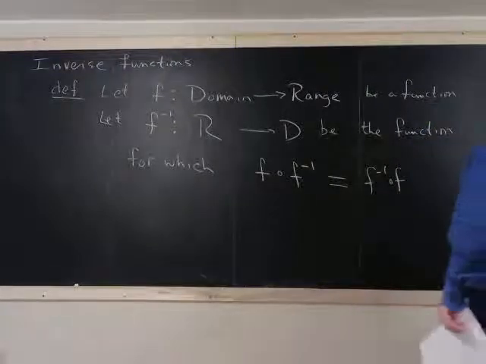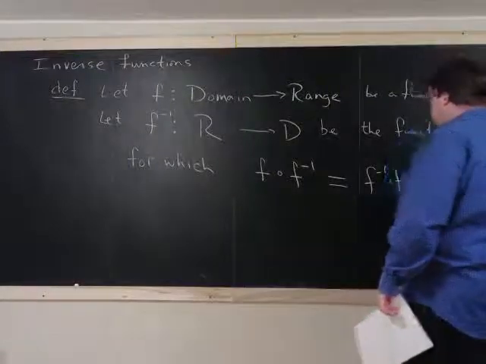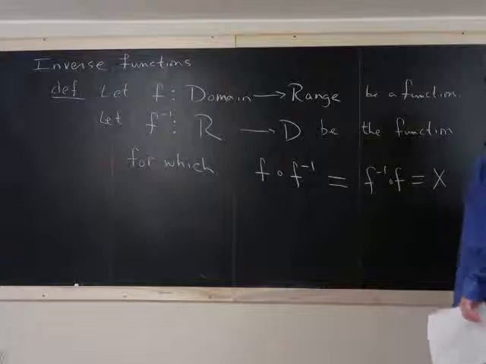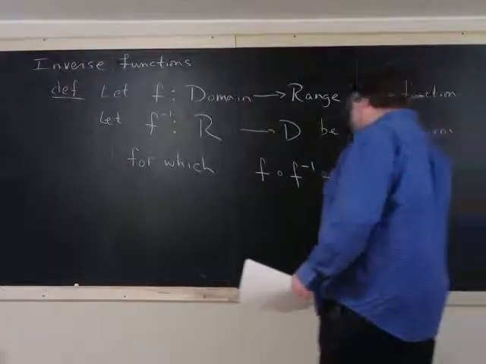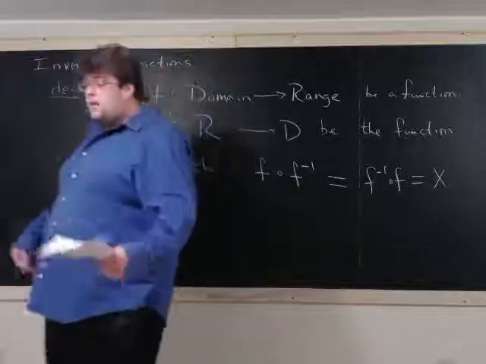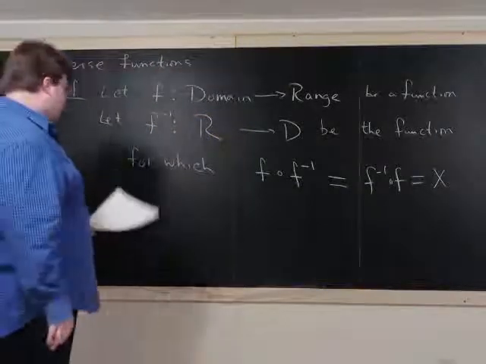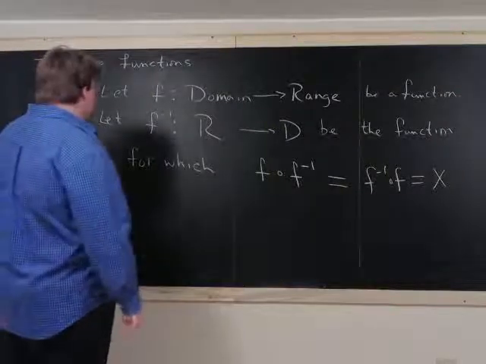Where was I? Let f be a function, let f inverse be the function for which these are equal, but they also equal something else. They also equal just x. And I'll explain that a little. We'll see in an example what that means, and I'll explain something about what that means after we finish this definition.